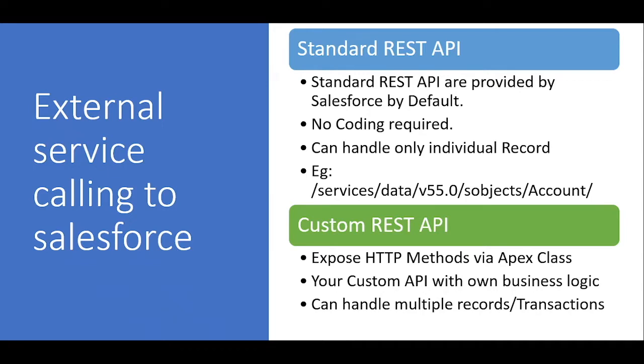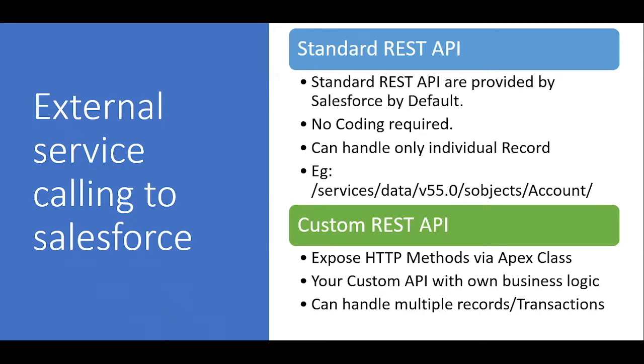In standard REST API, we don't need to do any coding, so this is the preferred way of connecting with our Salesforce org. However, there's a limitation that you can only handle one individual record, and there's no custom logic that you can perform. It would be a simple DML insert, update, upsert from the JSON values which you provide. Here the example shows the URL that is used by a third-party application to invoke a standard REST API.